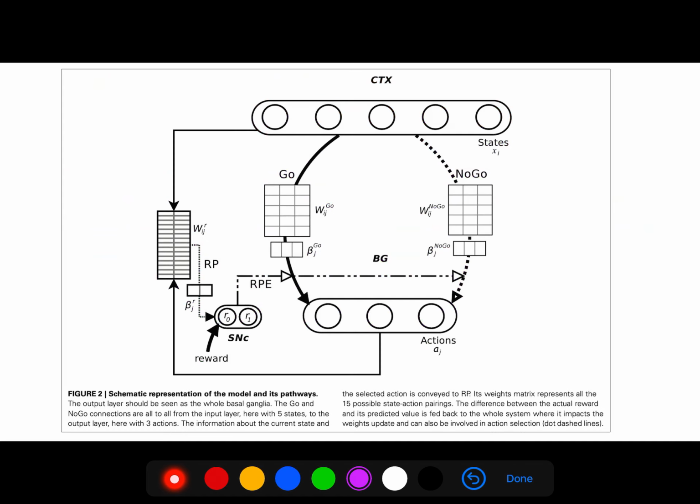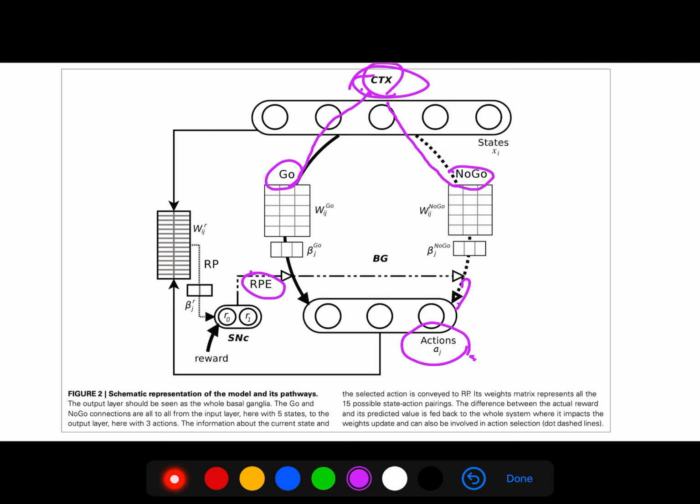So this is your cortex, all cerebral cortex, and here are your actions. This is your error, reward prediction error, if you remember that. And there are two pathways. It either goes from cortex through this pathway, we call it go. Or it goes through another pathway, which we call no-go. And I showed you the anatomy of that.